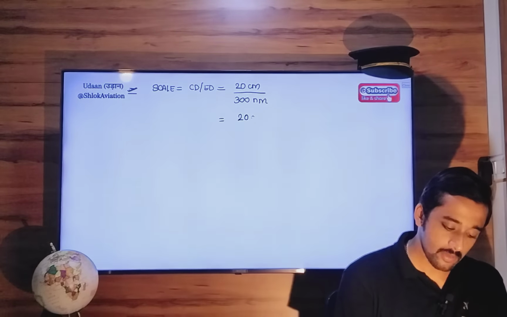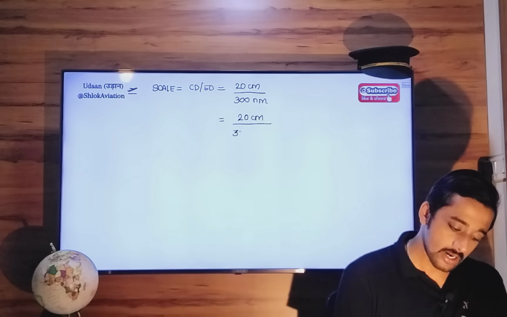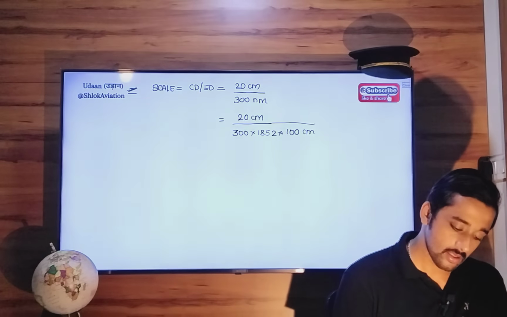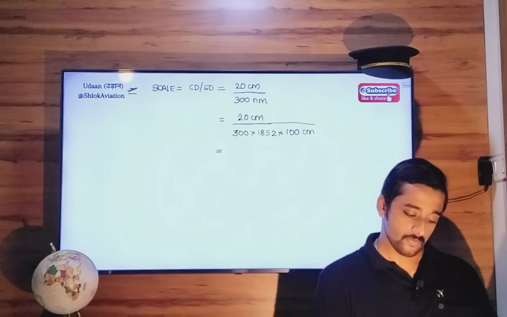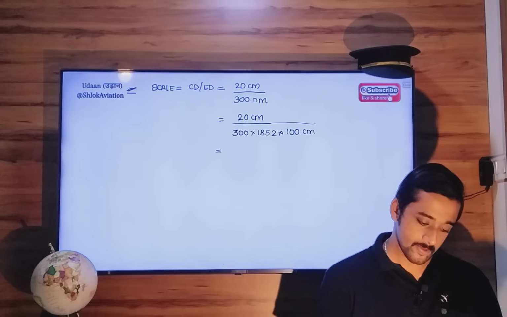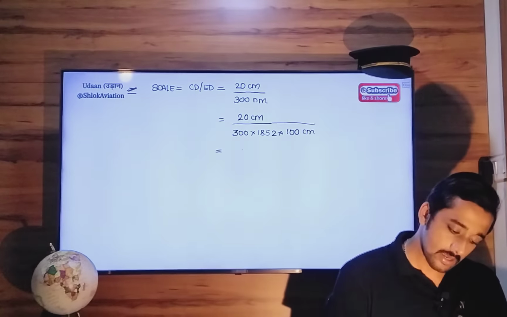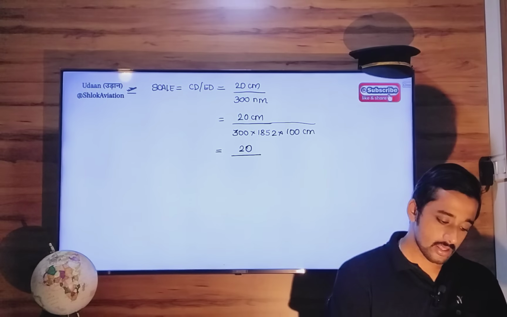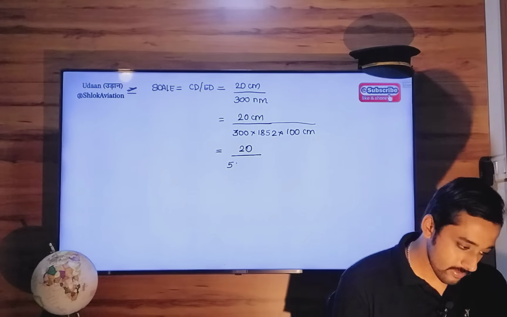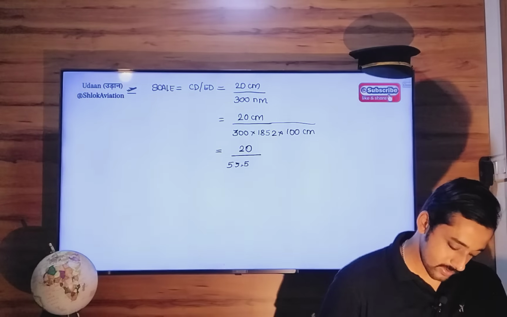So 20 centimeter divided by 300 into 1852 meter into 100 centimeter. So we have equated the units of numerator and denominator. So 20 centimeter divided by 300 into 1852 into 100, that is 55,560.